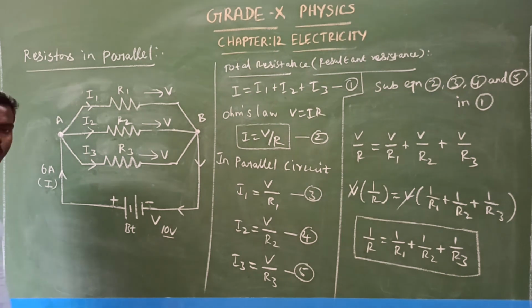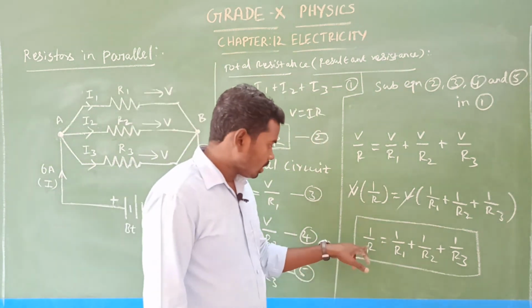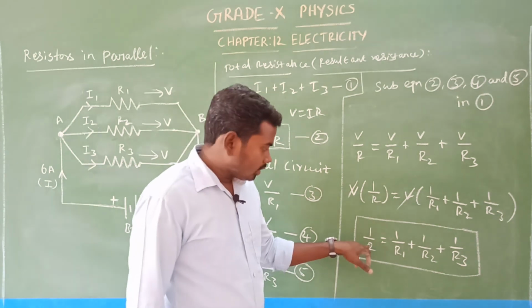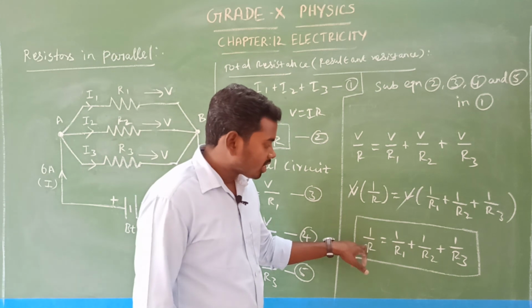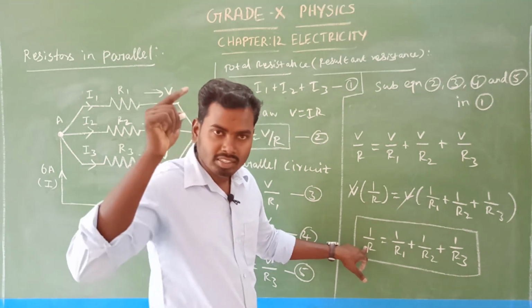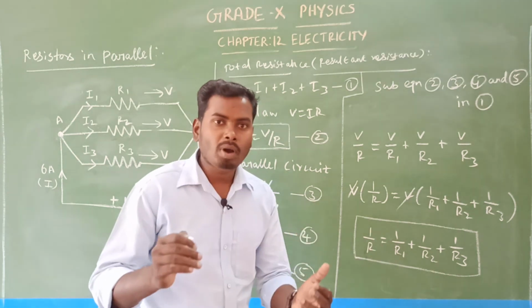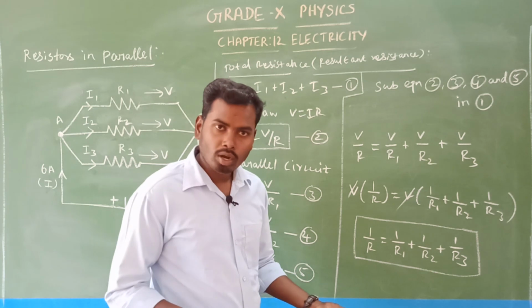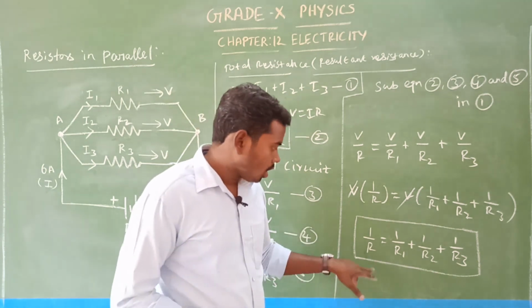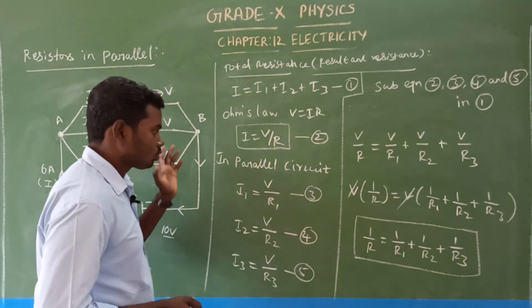Very easy. So what is the meaning of this, sir? Look here. The reciprocal of the total resistance of a number of resistances connected in parallel is equal to the reciprocal of the sum of individual resistances. 1 by, which means reciprocal, the inverse. Note down this explanation in your class note, because I don't have space to write here.